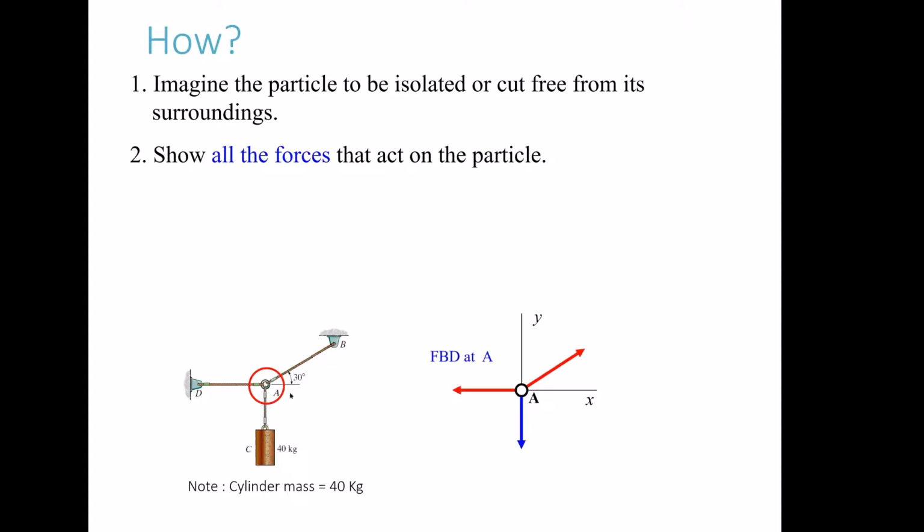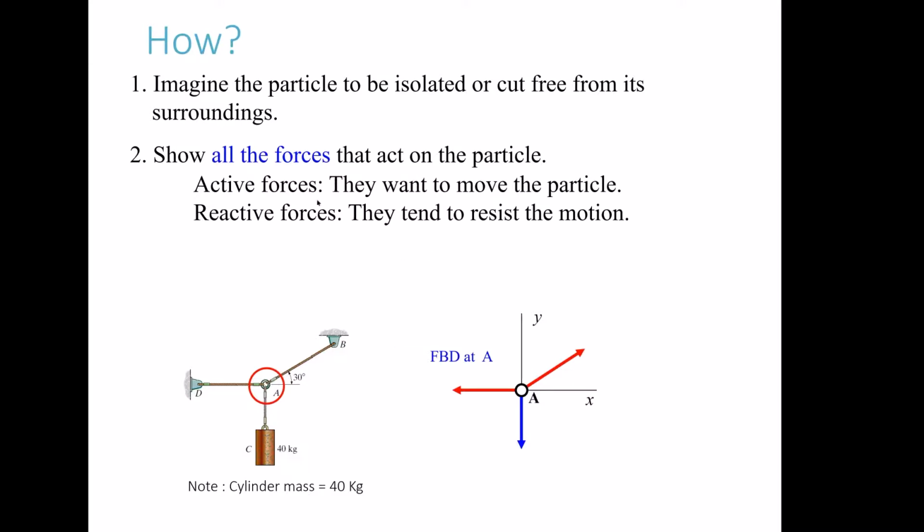But since it's the same cable, it's the same magnitude of force. So we can figure out the tension in that cable just by analyzing this one point. Same thing over here and here. So this is enough for us to analyze the system at A.